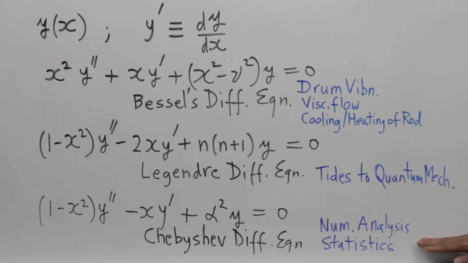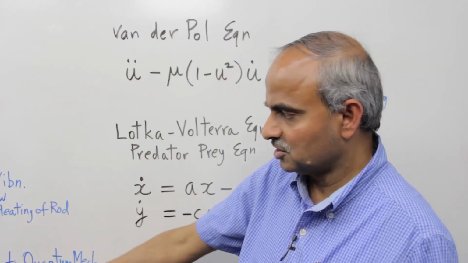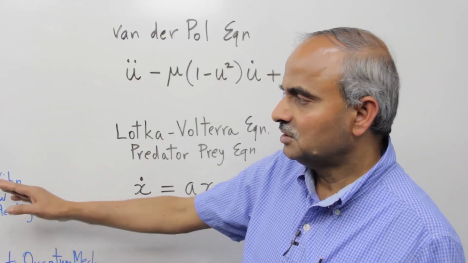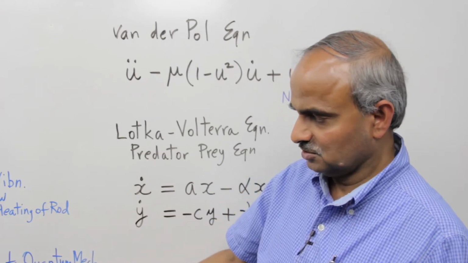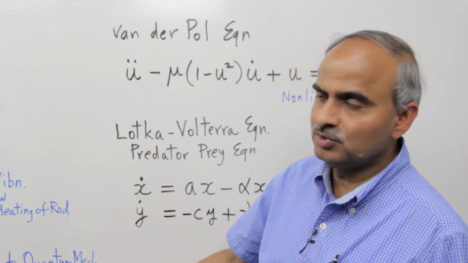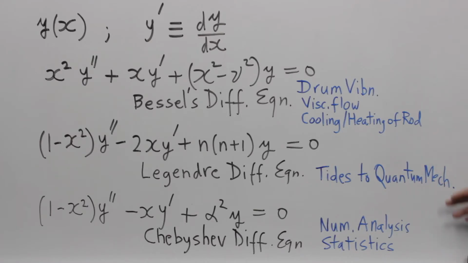This equation arises in numerical analysis and in problems involving the study of statistics, and we'll see some of these contexts later on, and we will learn how to solve these differential equations, what the properties of their solutions are, and how we make use of them. Of course we won't be focusing a lot on the applications, but the applications naturally produce these equations, and it's useful to know about them.